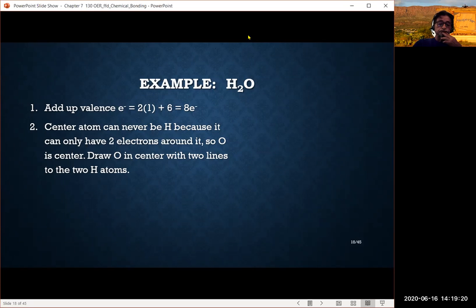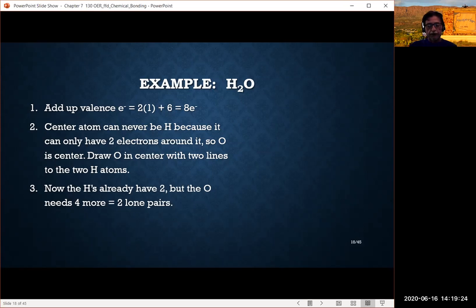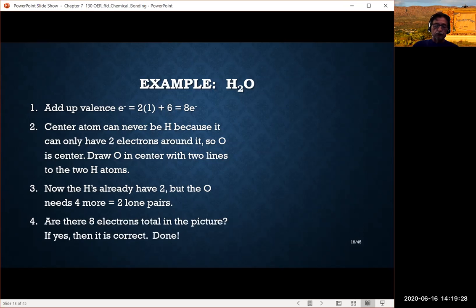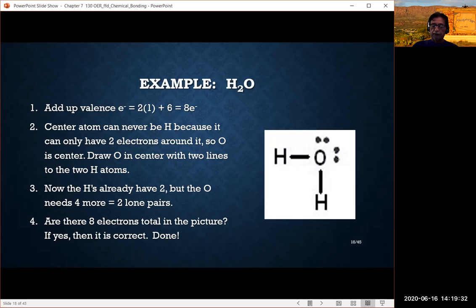Okay, so now the hydrogens already have two, but oxygen needs two more. We have two lone pairs. We just went through that exercise and we come up with that structure right there. Okay? With the general formula of AB2E2.